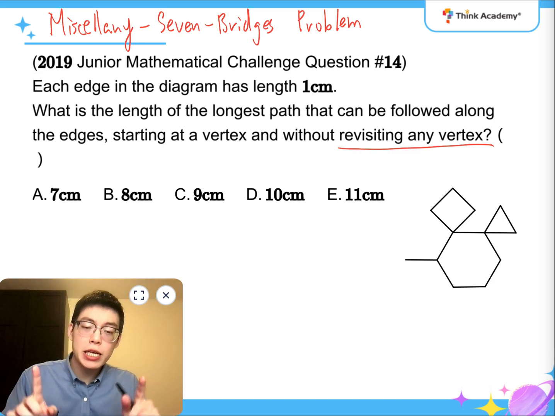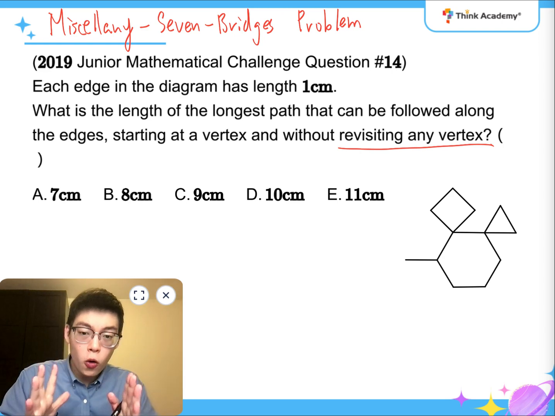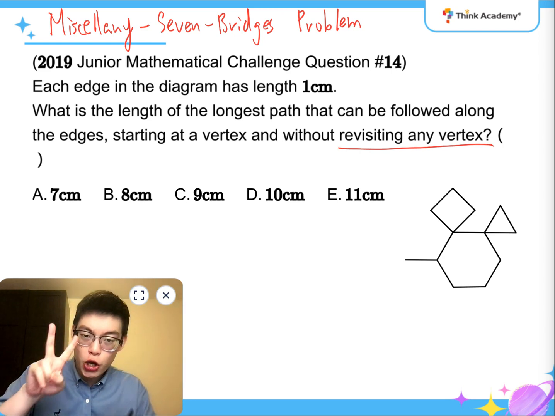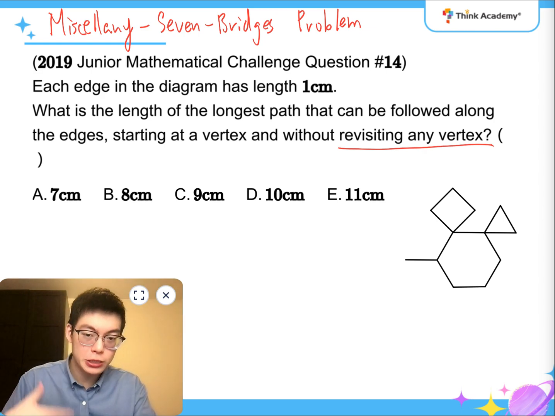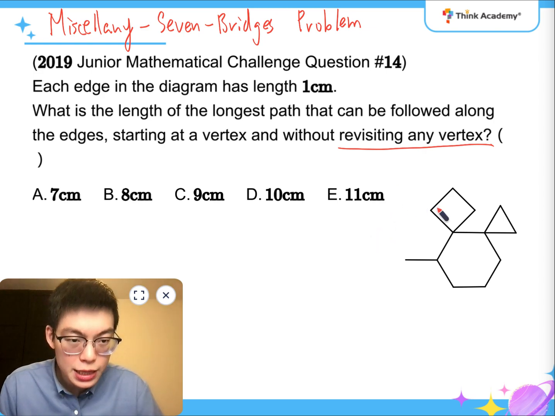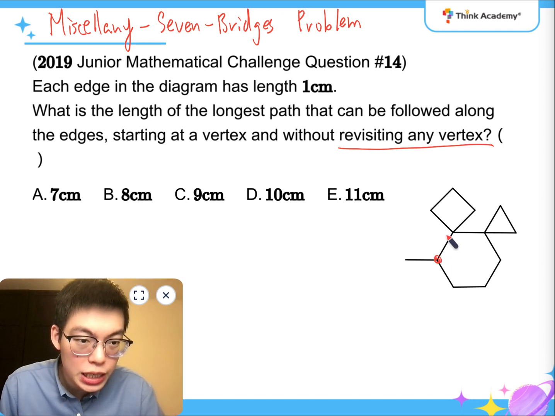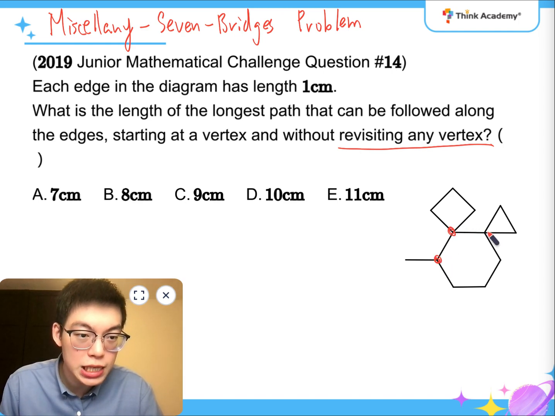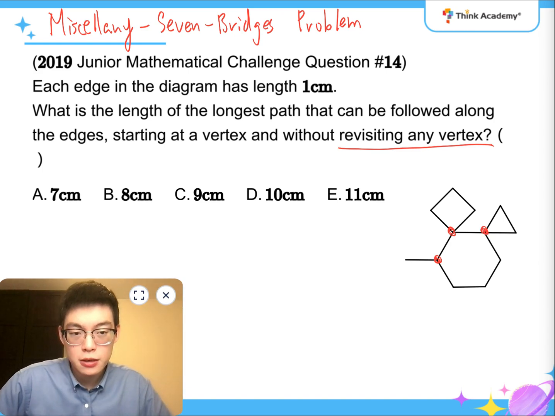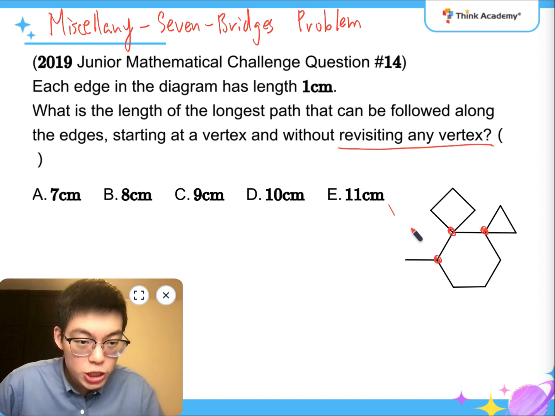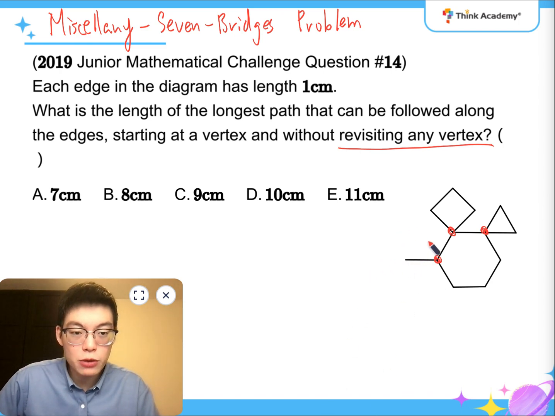For any vertex that has more than 2 paths, you need to abandon the extra ones. So we can see that in this diagram we have 3 vertices that have more than 2 paths. So for the shorter one, of course, I just need to abandon 1 path of it.